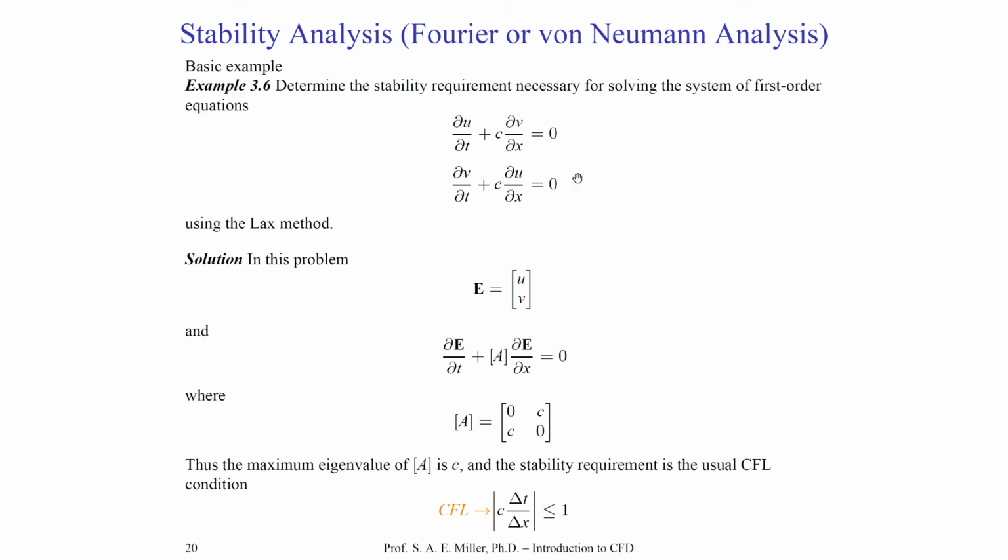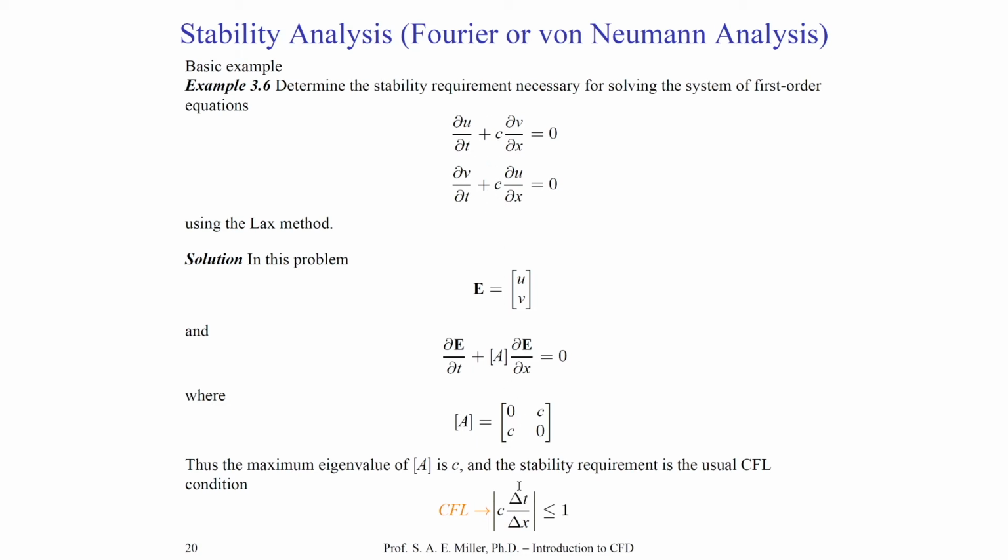What does this mean in practice? If we solve this system of equations using the so-called Lax method, which has to do with its discretization and time marching technique, we'll have some particular grid. Perhaps that grid has a constant spacing delta x. There's also a coefficient c, which is the largest eigenvalue, but this just corresponds to the coefficient c in the equations of motion here.